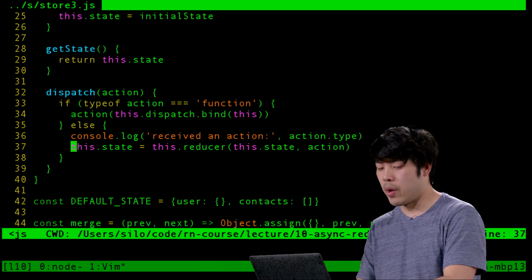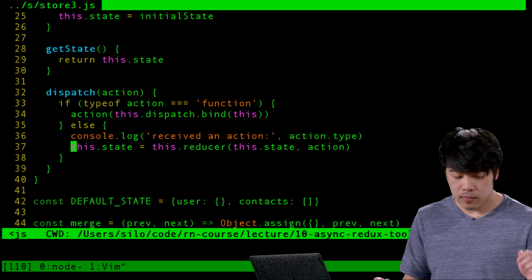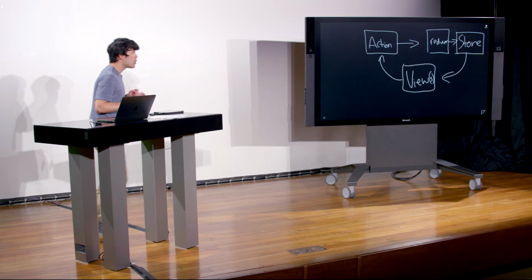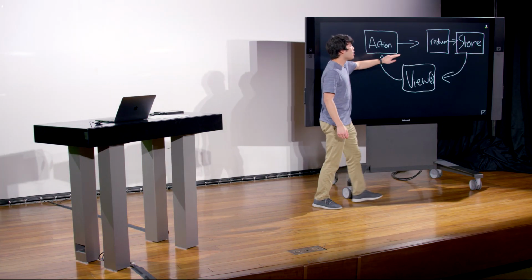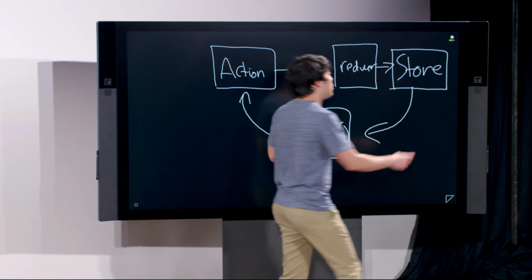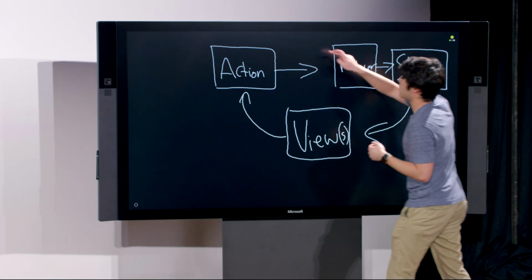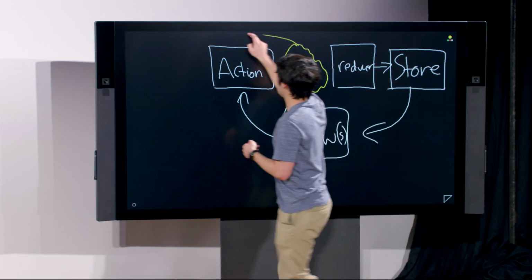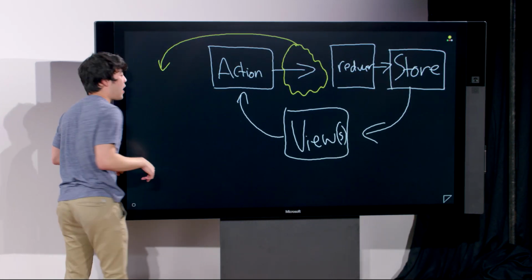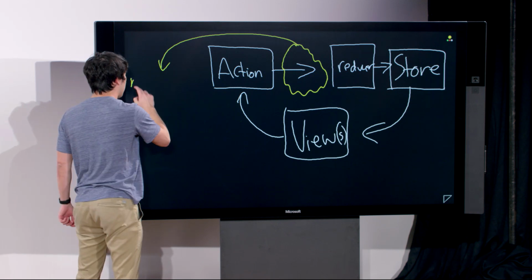And so the way Redux actually works is as follows. You get an action, and before it's passed to the reducer, we actually have an opportunity to mess with the action. That is called middleware.